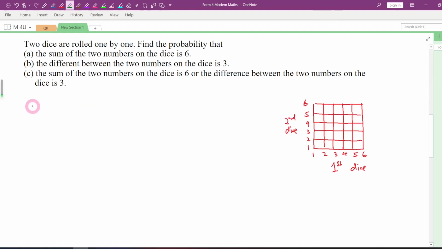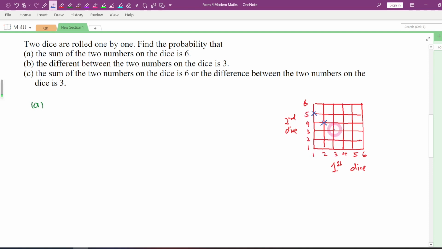Okay, now let's go to part A. Find the probability that the sum of the two numbers is equal to 6. So you can just refer to this diagram. It will help us to determine the answer. Their sum must be equal to 6, means that 1 needs to pair with 5, right? 2 needs to pair with 4. 2 plus 4 will give you 6. 1 plus 5 will give you 6 as well.